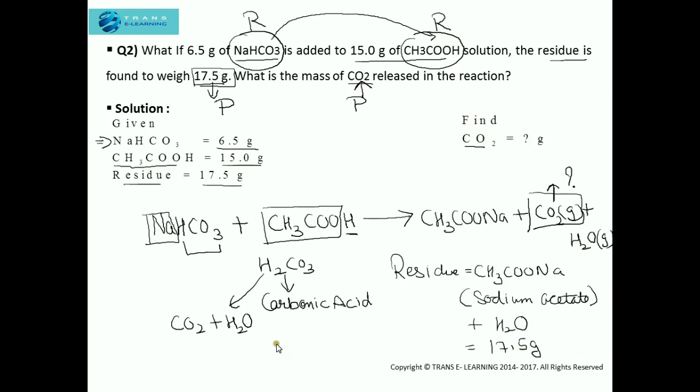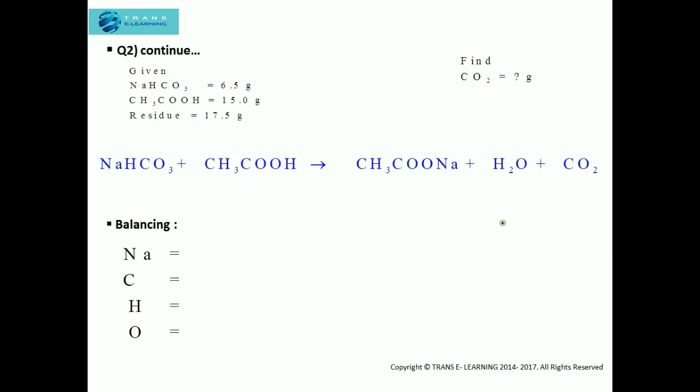Now we know the equation, so we need to balance this equation in order to satisfy the law of conservation of mass. So let's see whether this equation is balanced or we need to balance this equation. We are aware of the rules that first of all we will balance the number of metal atoms. The metal in this equation is just sodium, so the number of sodium atoms on the reactant side is 1, and on the product side is also 1, so it is balanced, checked.